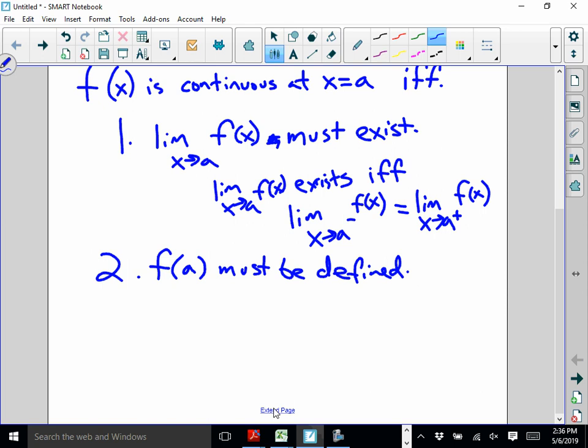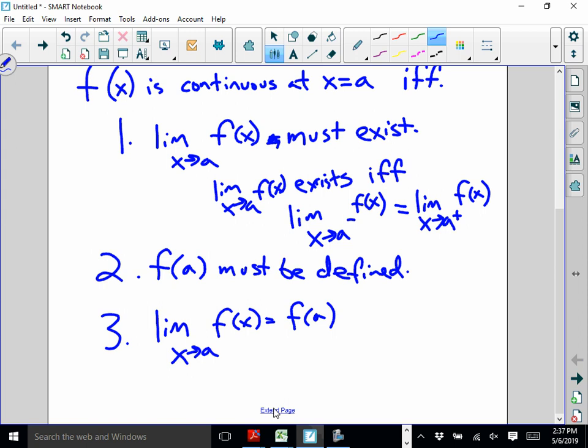The third step is we have to show that the limit and the function are equal at that point. Looking at the third step by itself, that's our definition of continuity. Our definition of continuity is the limit as x goes to a of f of x must equal f of a.